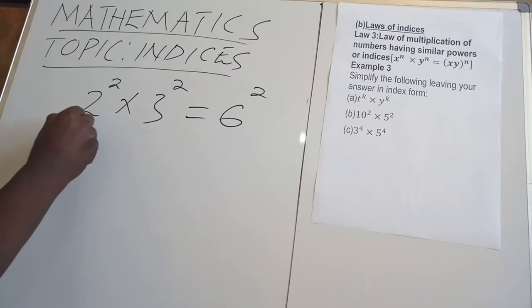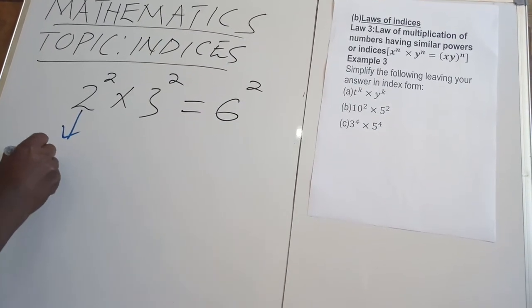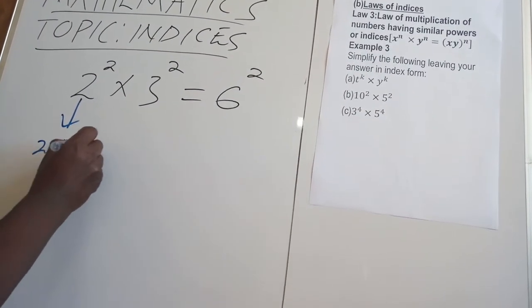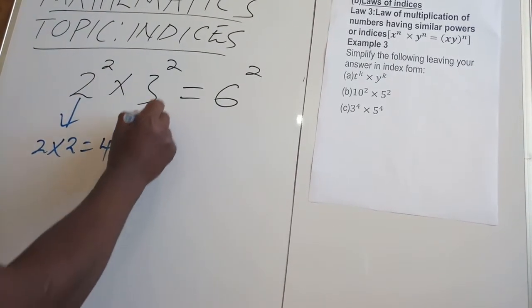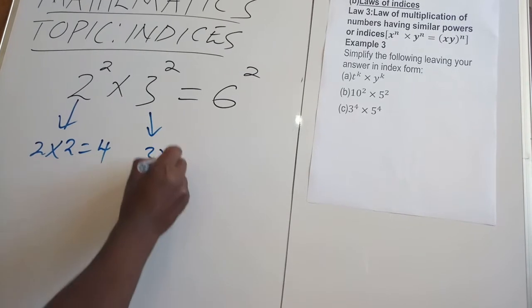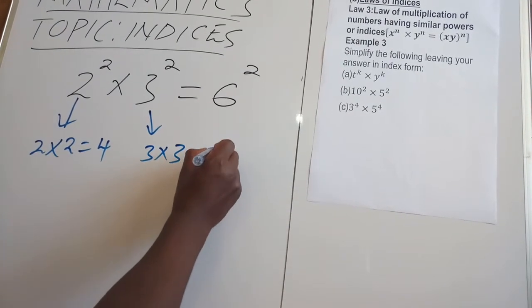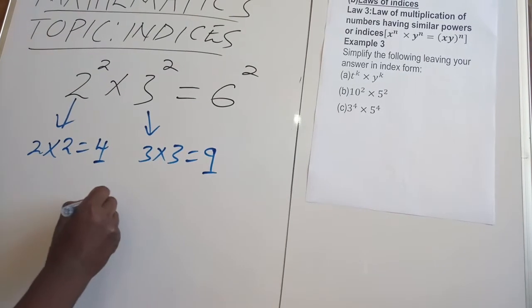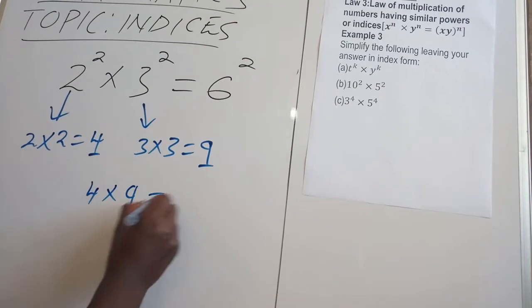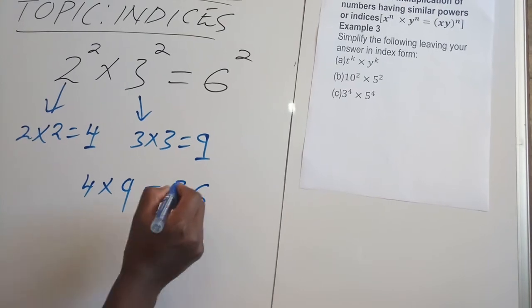Now what is 2 raised to power 2? I will give you 2 times 2, which will give you what? 4. What about 3 power 2? That will be 3 times 3 to give you what? 9. Remember, when you take 4 and 9 and you multiply, what is the outcome? It is 36.